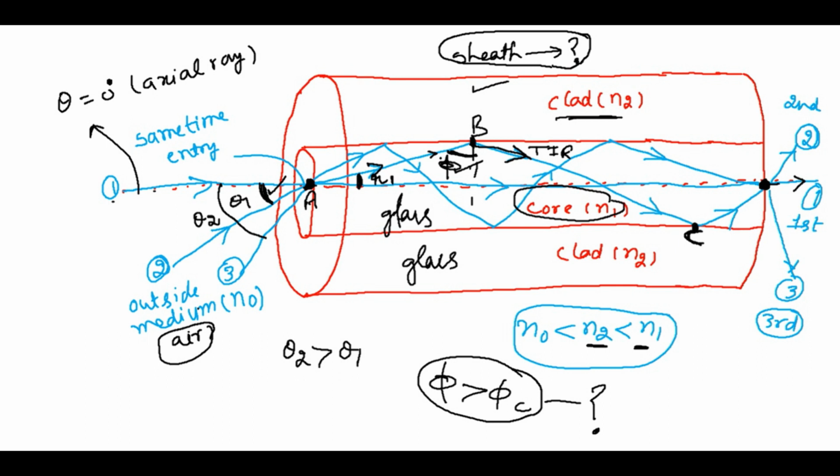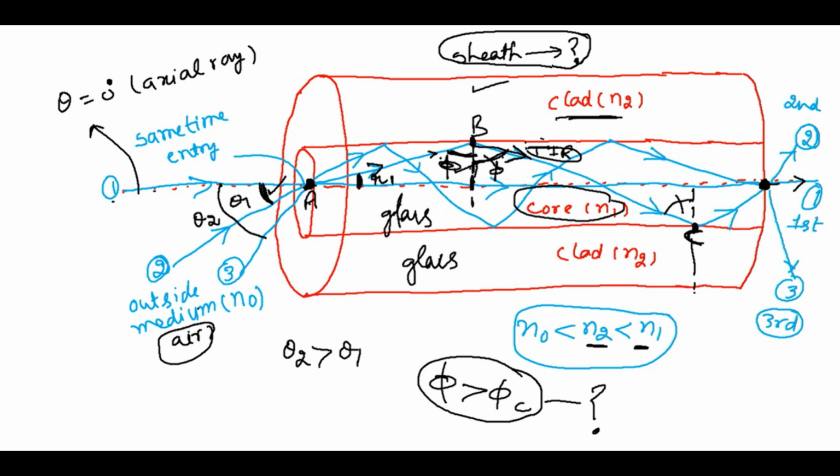If there is no bend in the optical fiber, and since this ray has suffered total internal reflection, it will now obey the law of reflection, and the law of reflection says that the angle of reflection is always equal to the angle of incidence. So if the angle of incidence is phi, the angle of reflection will also be phi. Now you see this point, and if I draw a normal here and I assume that there is no bend in the optical fiber, then these two angles will be alternate angles, this angle and this angle.